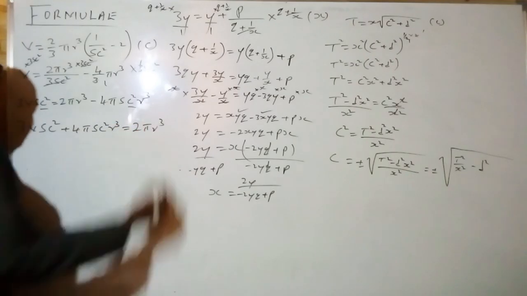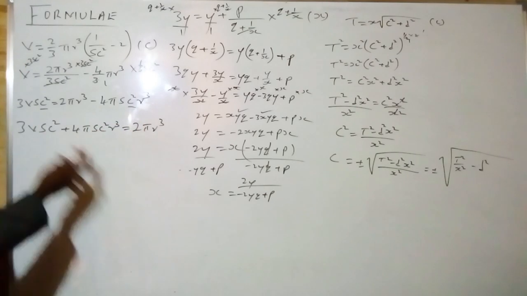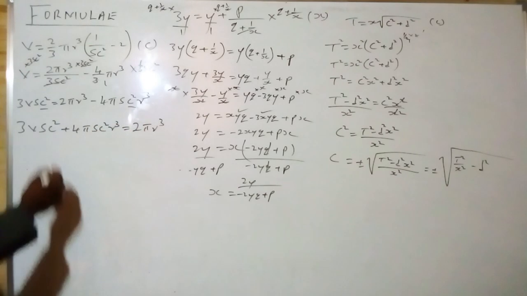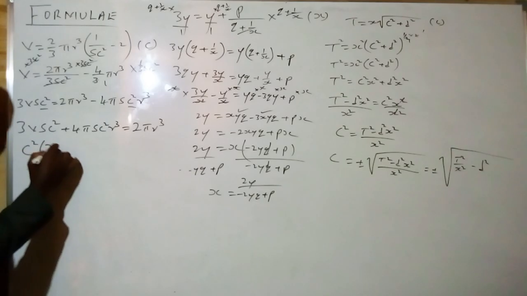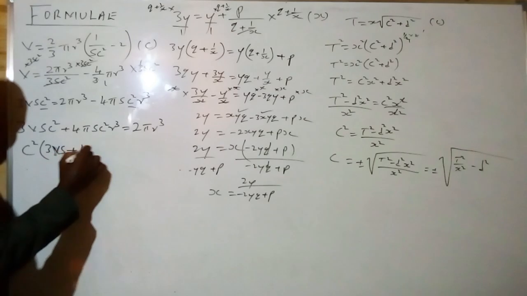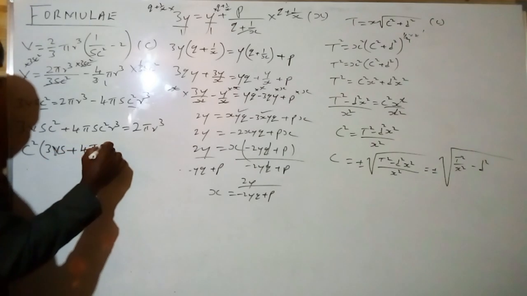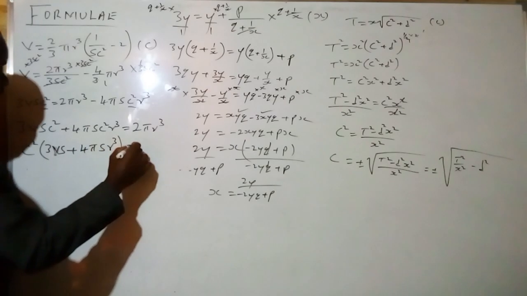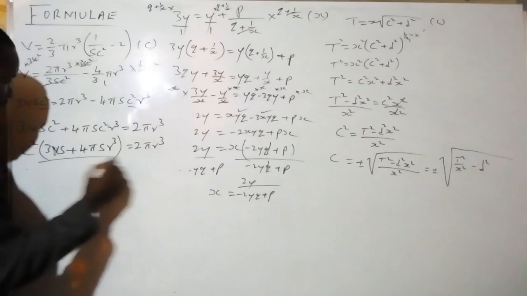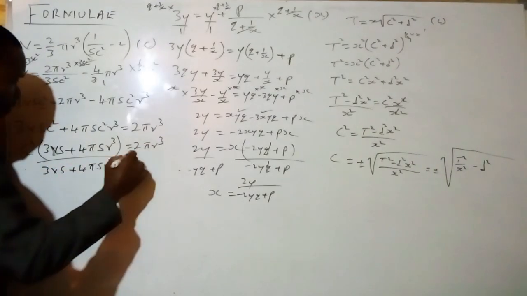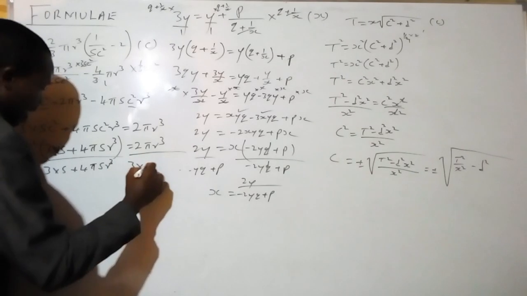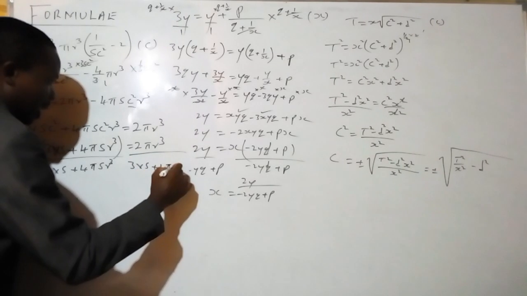Then c squared, because it's common and we want to make c subject of the formula, we can take it outside the bracket to have c squared, open the bracket, 3v plus 4 pi r cubed is equals to 2 pi r cubed, divided by 3v plus 4 pi r cubed all over 3v plus 4 pi r cubed.